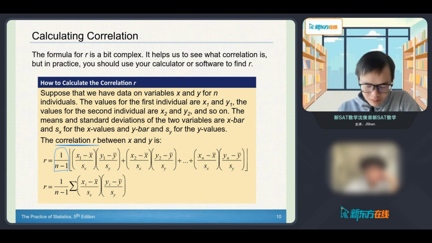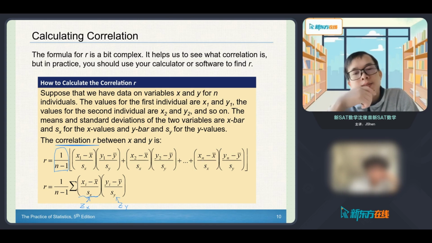We can write this term as zx, that's the z value for the x data set, and this is the zy value.